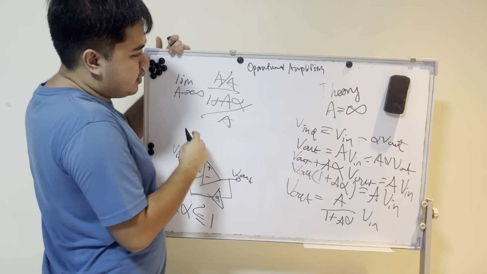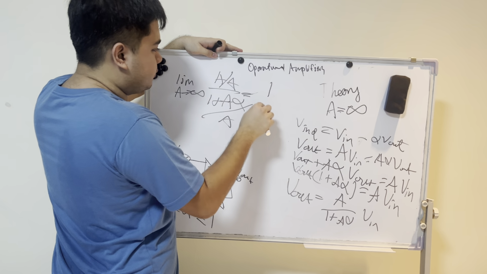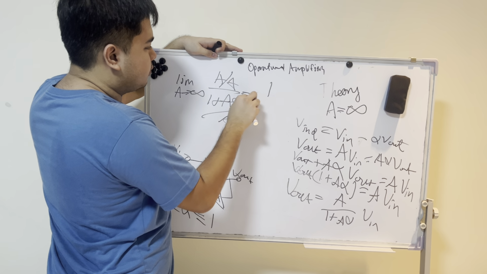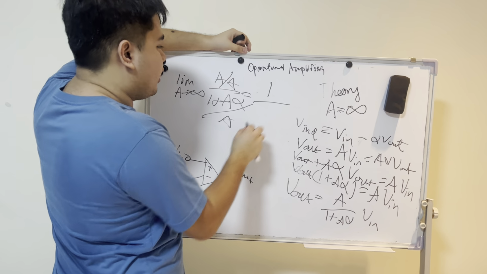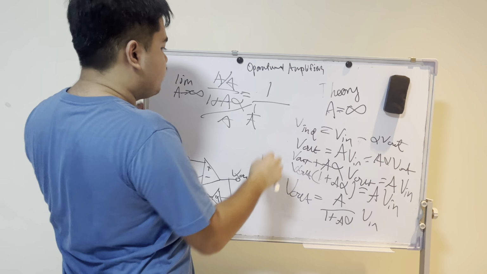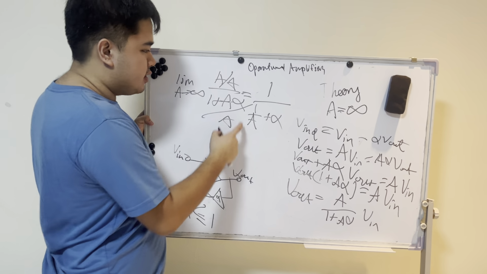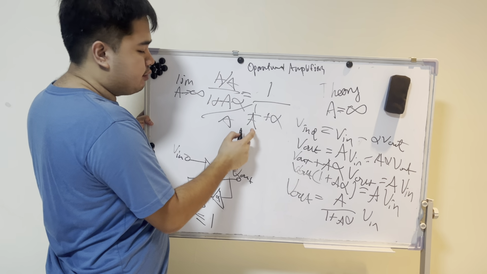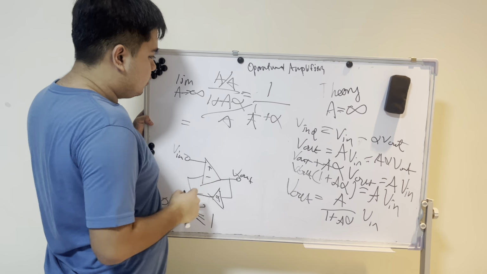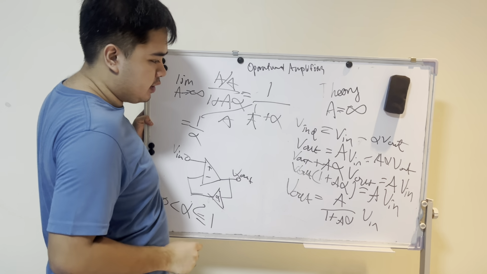Right? A divided by A is just 1. Divided by 1 over A plus A over A is just 1 times alpha is alpha. The limit as A goes to infinity of 1 over A is 0. So this would be 1 over alpha.